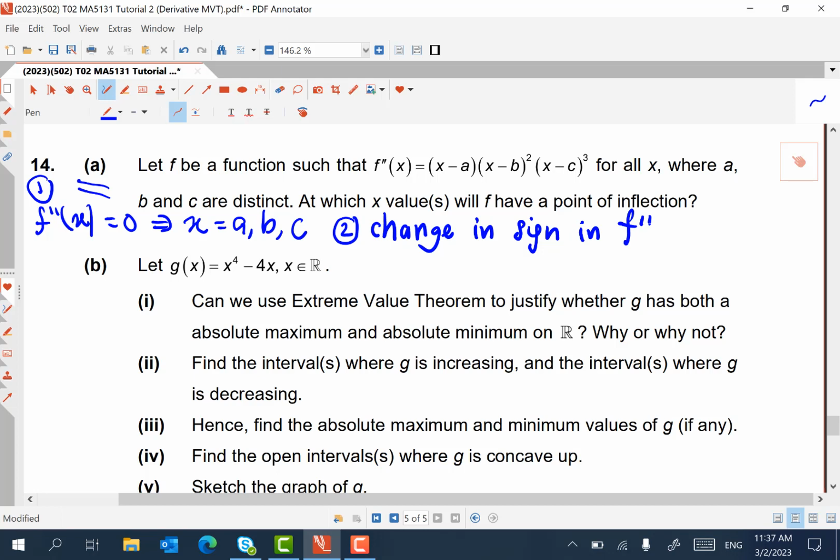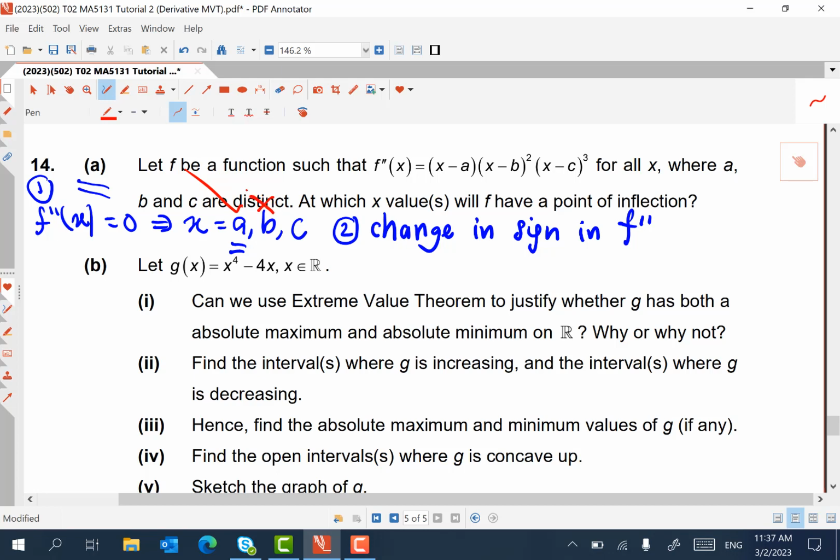Okay, Zhen Hong, for the point A, do you think f prime has a change in sign? If you use a number before A and a number after A, yes, you're right. How about B? Will there be a change in sign for B?